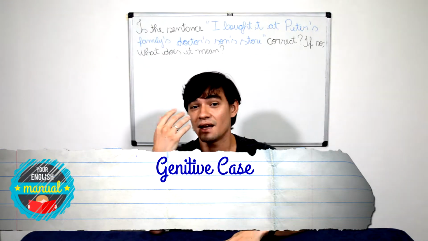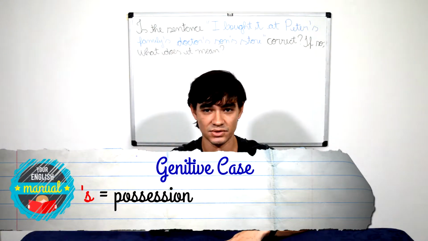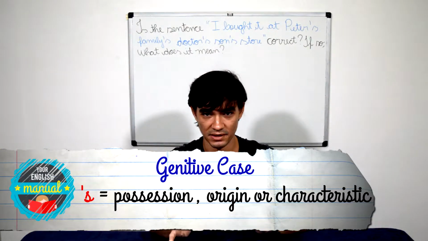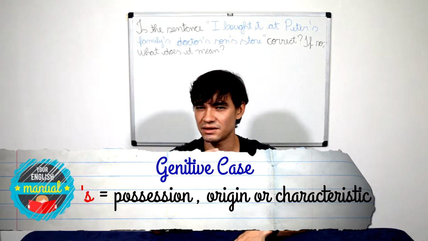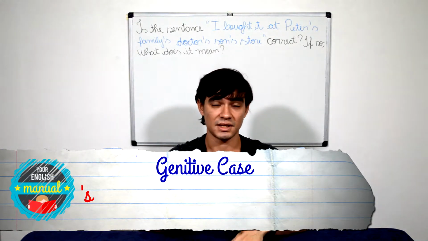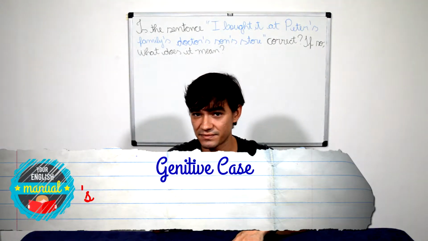Anyways, as you can see, this apostrophe s can also be used to indicate the origin or a characteristic of something, not necessarily ownership. But please notice that the genitive case is not only the apostrophe s.